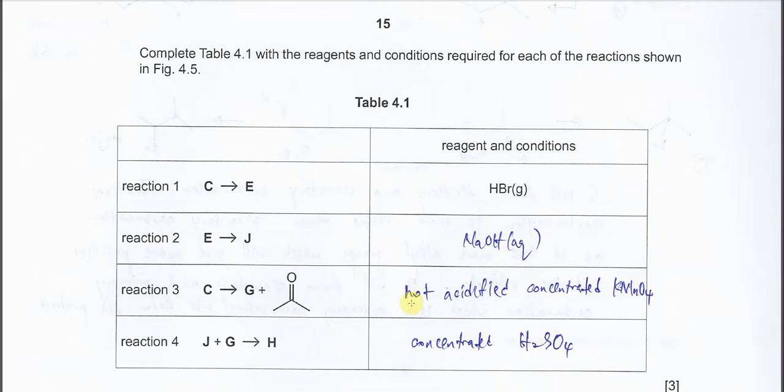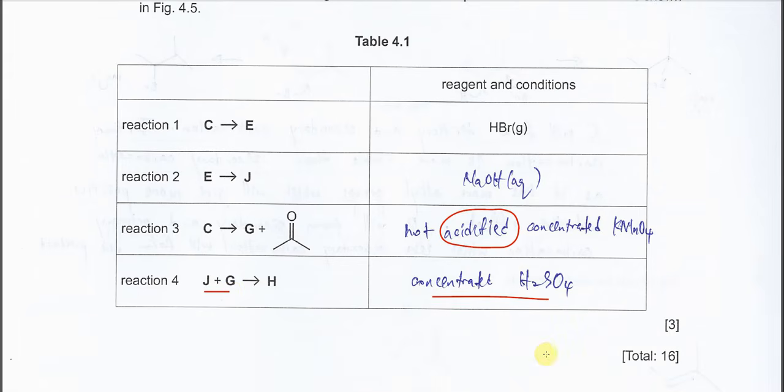So we need to use hot acidified concentrated KMnO4. Acidified must be there because in order for this KMnO4 to oxidize others, acid must be used. Reaction 4 is the last reaction, this esterification. So we need to use concentrated H2SO4. That's all for this question.